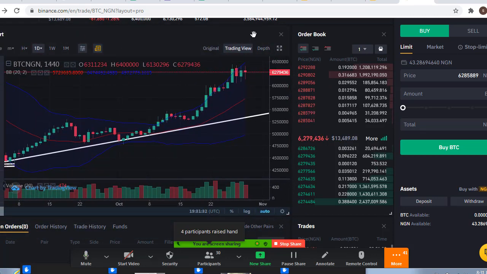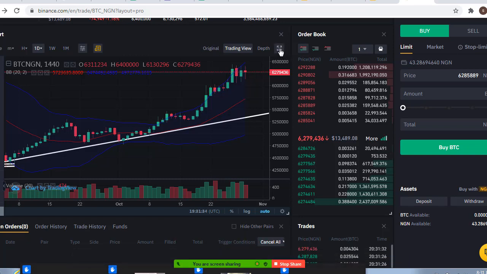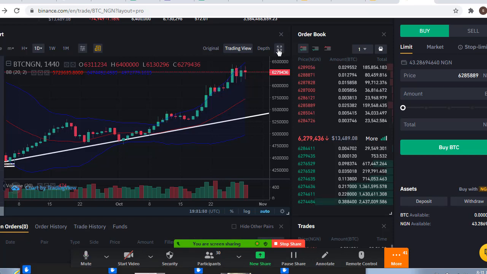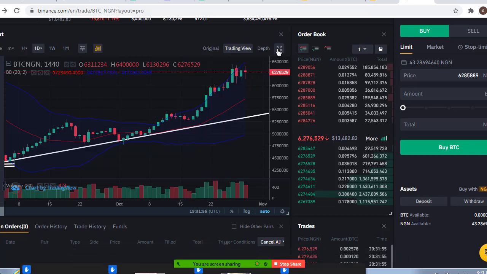Okay, then how can I get this one on my phone? How can you do what? This particular one that you are using. This is the desktop interface. That's what I'm using. I'm connecting from the Binance website directly. If you want the mobile version, you go to Play Store and download it. It's as simple as that.